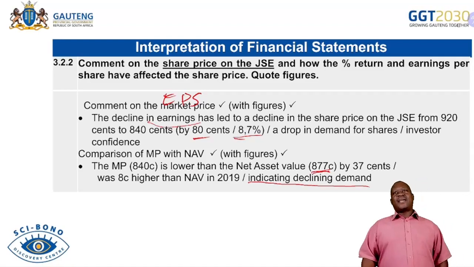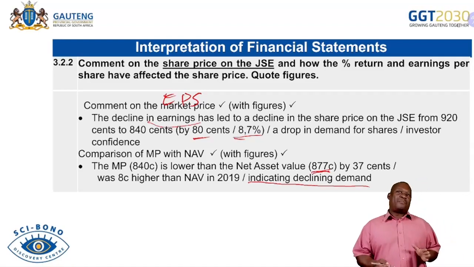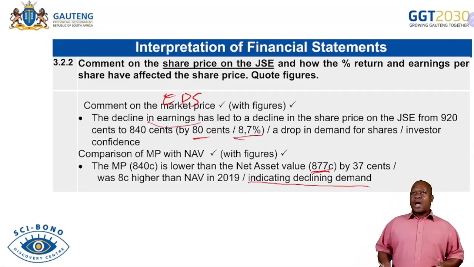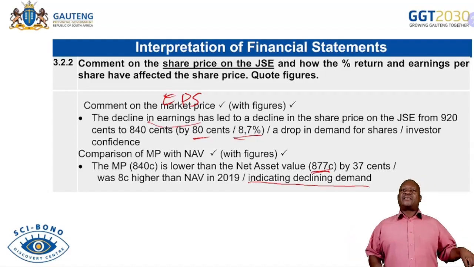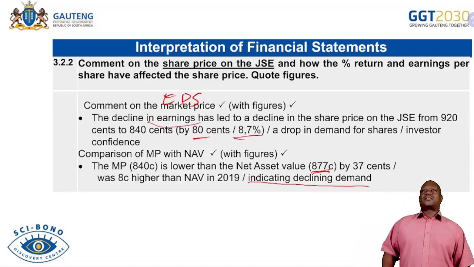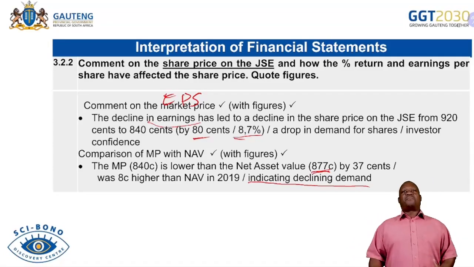So we are saying you must be in a position to look into how the price at the JSE, which indicates investor confidence, is affected by other things that are taking place in the business. Very important, so that you can be in a position to comment.